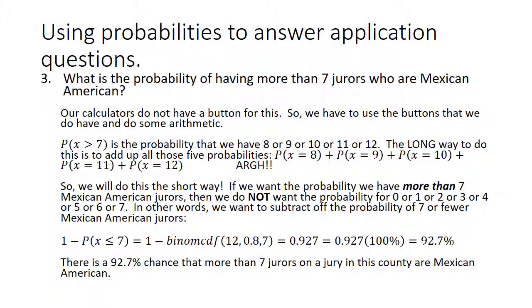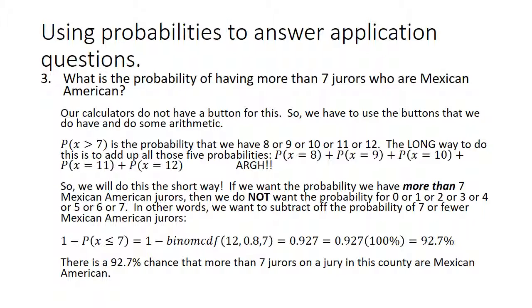And we can type that all in one line in our calculator, 1 minus, and then that second vars, binom CDF, the number of trials is 12, the probability of success on a trial is 0.8, and we want to subtract off that 7 or fewer, so 7 for our x value.